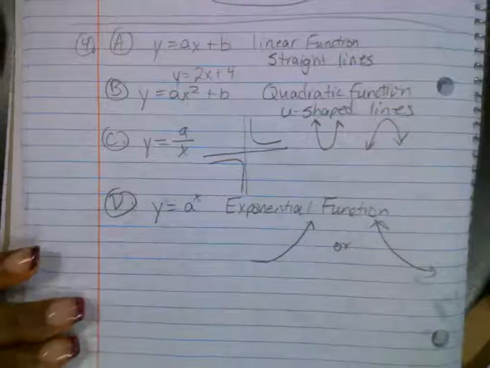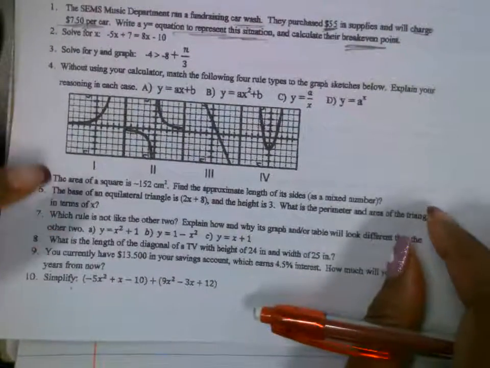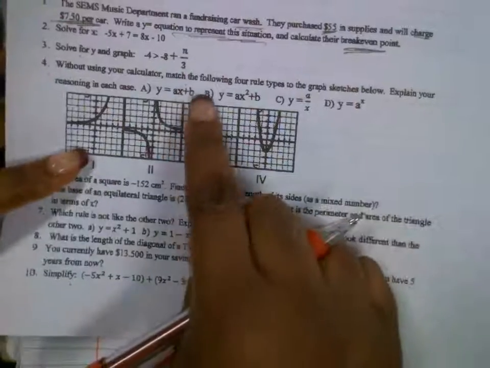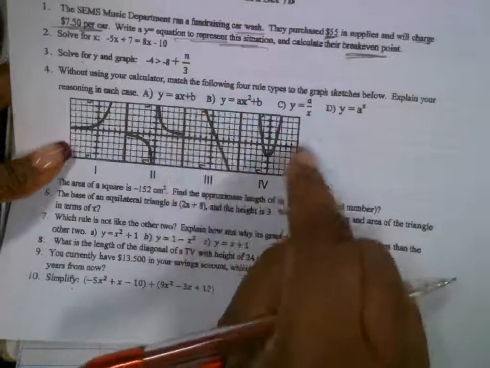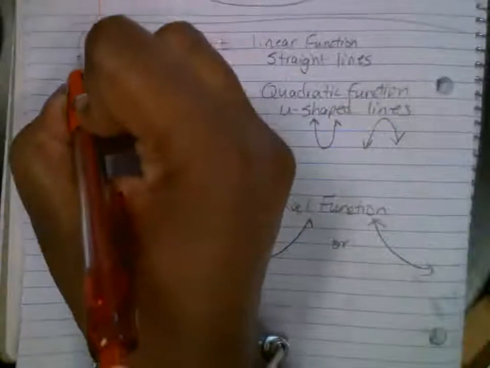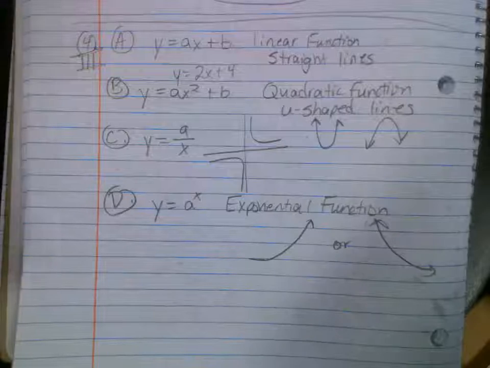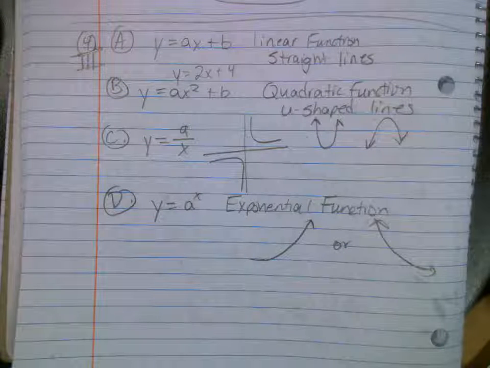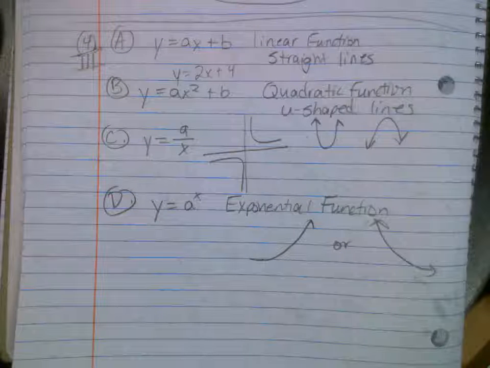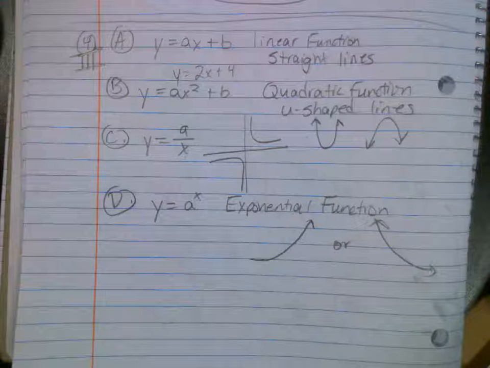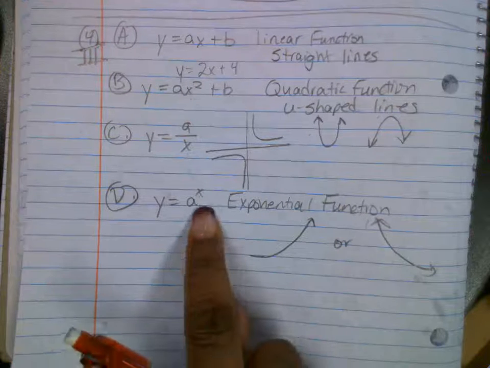Okay, all right. So let's look at these. Which one would be A? 3. This is the only one with a straight line. Yes. What about the one with the A axis? Let me see D. It's x to the second.